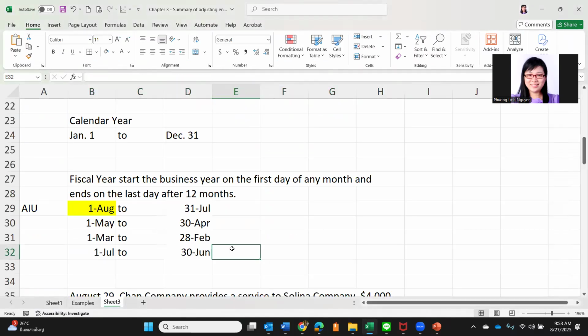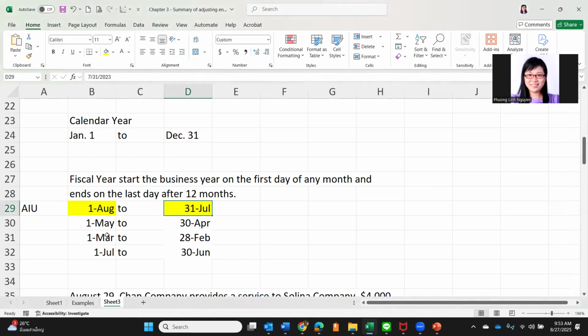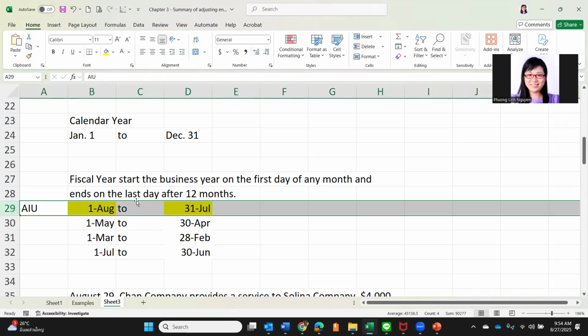Let me give you an example. If we start on August 1, we will end on July 31. If we start on May 1, we will end on April 30 of the next year. If we start on March 1, then we will end on February 28. For our university, we start on August 1 and we end on July 31.